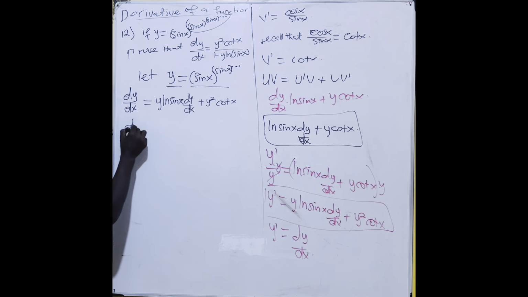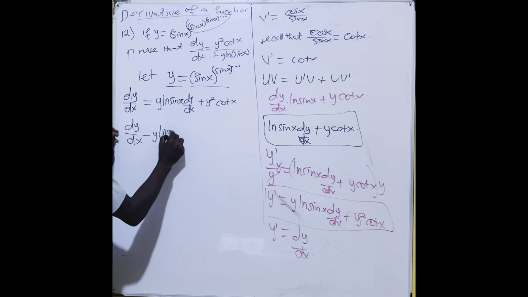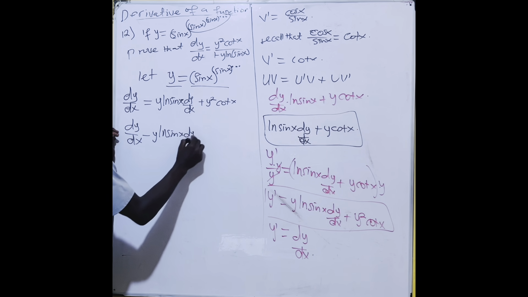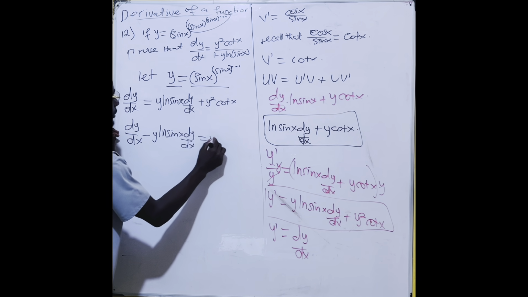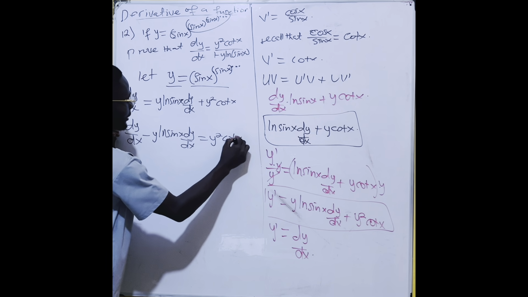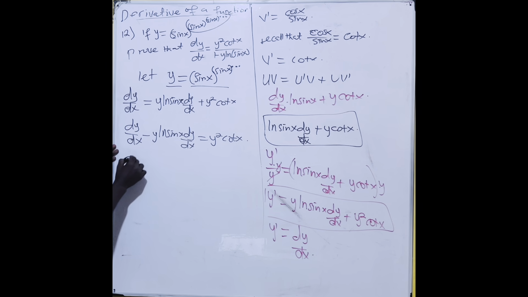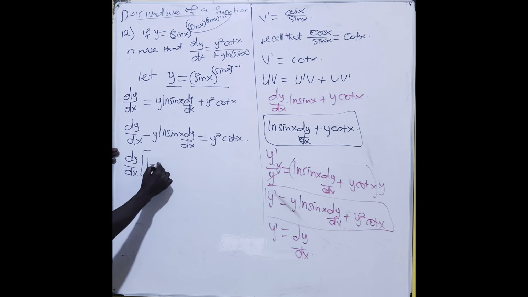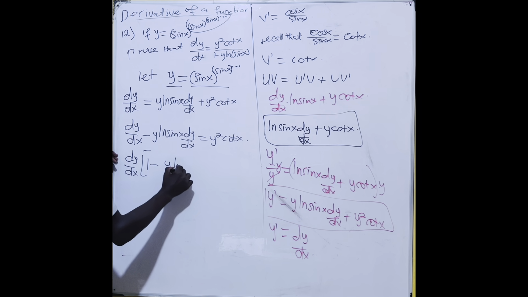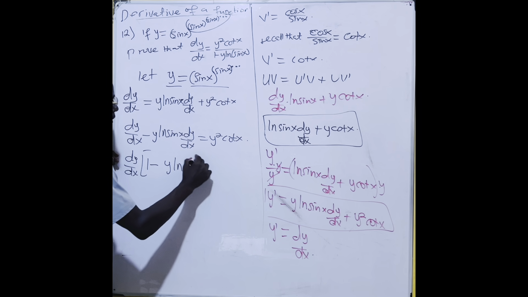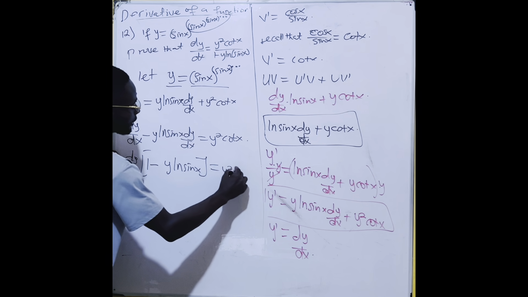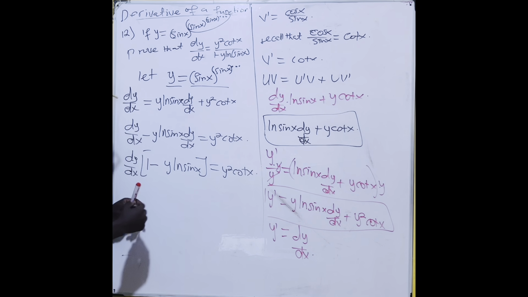So we have dy/dx minus y ln sine x dy/dx equals y squared cot x. So we factor dy/dx out. So we have dy/dx times 1 minus y ln sine x equals y squared cot x.